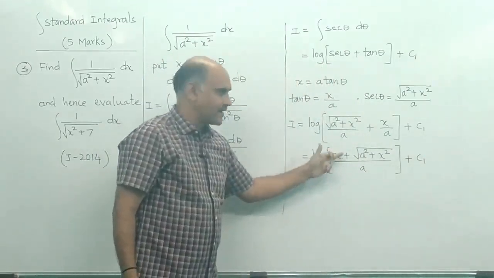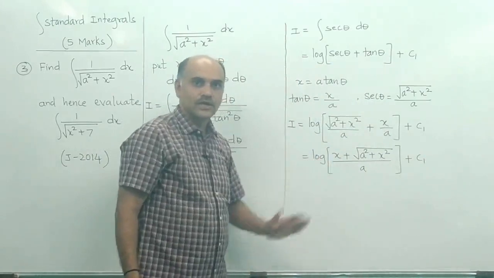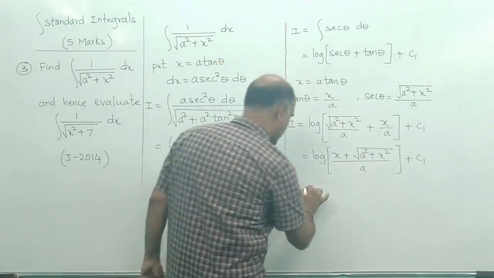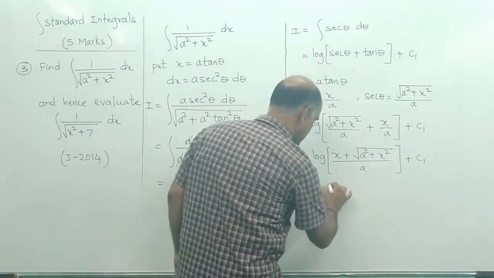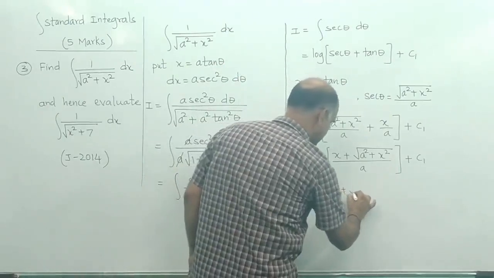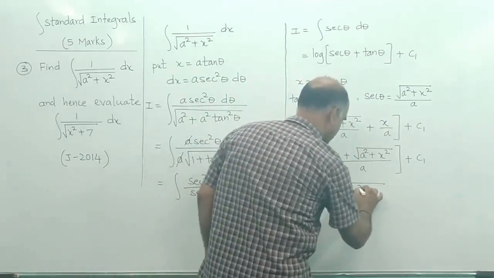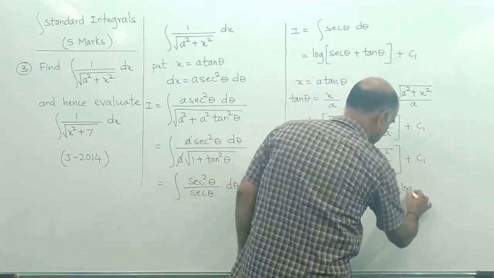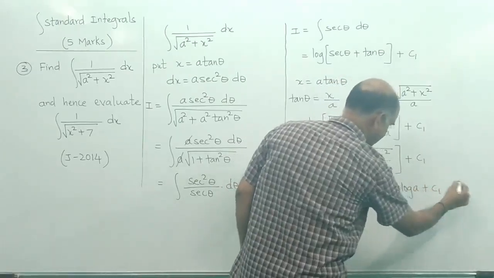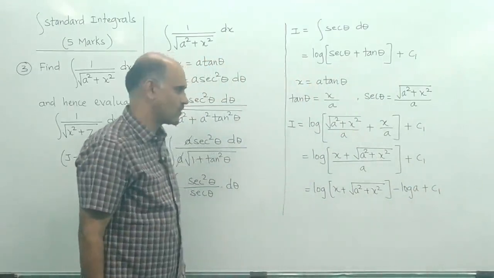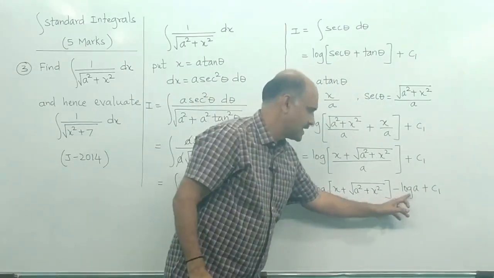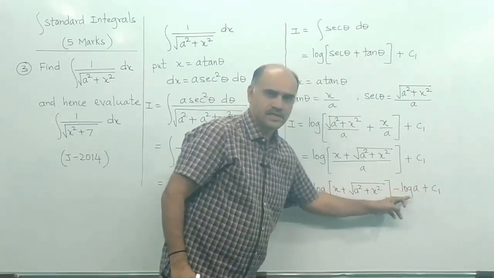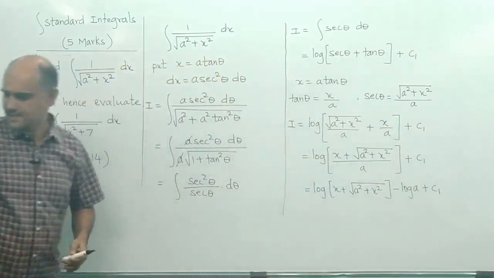Again log m by n is written as log m minus log n. So log of x plus root of a square plus x square, minus log a plus c1. Again these both are constant, so that we write it as c.